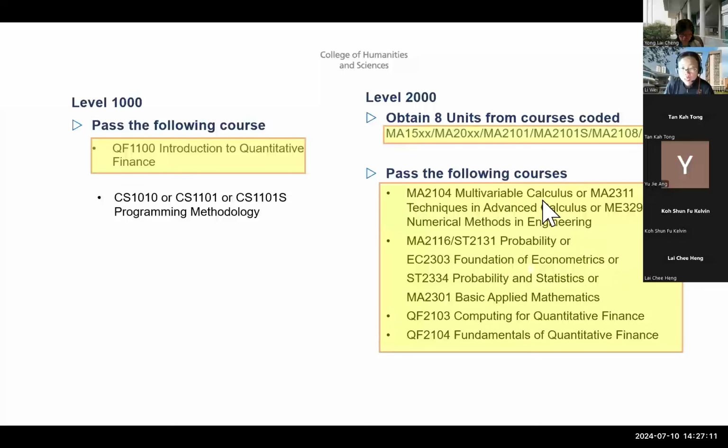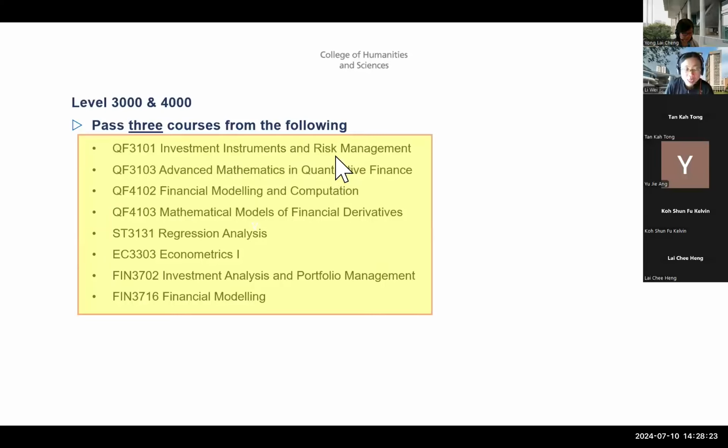In the 3000 and 4000 levels, you need to pass 3 courses from the following list. You have 8 choices, and from these you can choose any 3 courses to fulfill your 3000 and 4000 level requirement. It includes our QF courses: QF 3101, investment instruments and risk management; QF 3103, advanced mathematics in QF; QF 4102, financial modeling and computation; and mathematical models of financial derivatives, that's QF 4103.